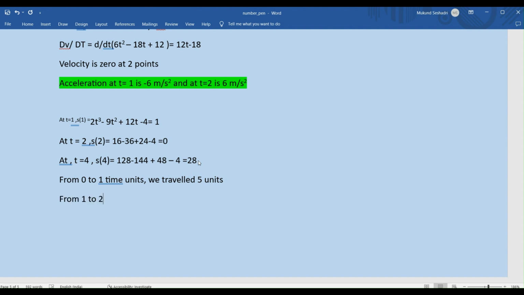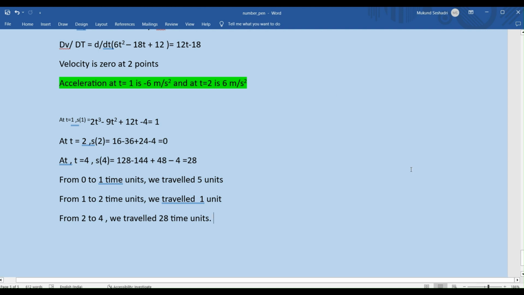From 1 to 2, we were at point 1 and we came back to point 0, so we traveled 1 unit, right? And from 2 to 4, we traveled 28 units, right? At 4, we are at point 28.